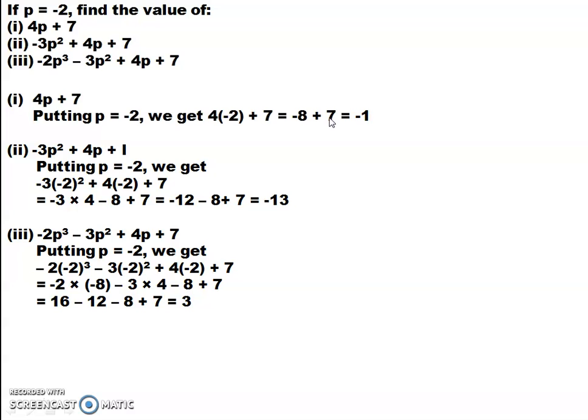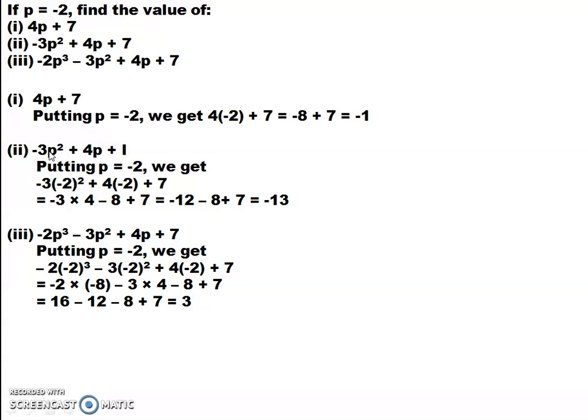So you subtract and give the larger number's sign. So 8 minus 7, 1. Here 8 has the negative sign, so your answer will also have the negative sign. So 4 into negative 2 plus 7 is equal to negative 8 plus 7, which is equal to negative 1.